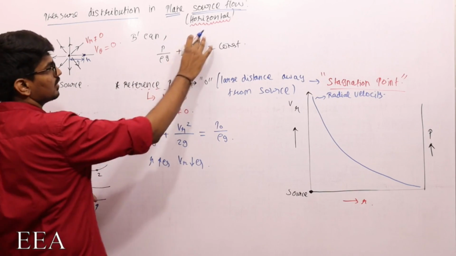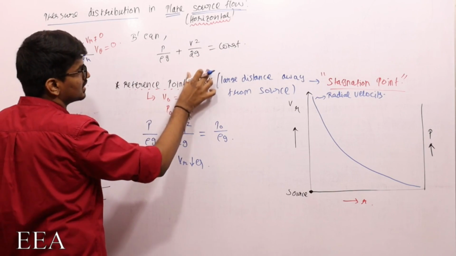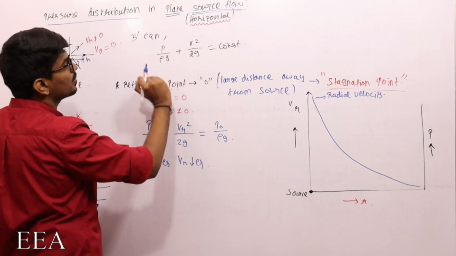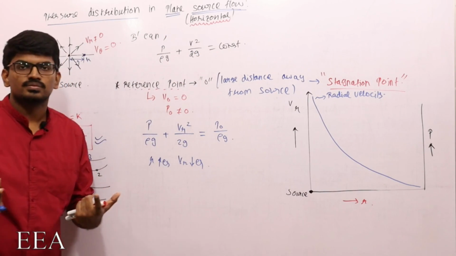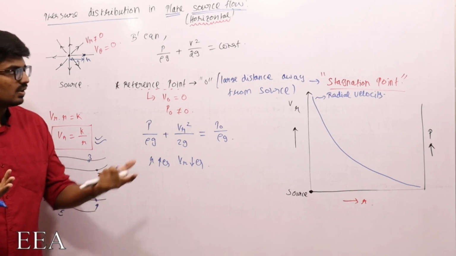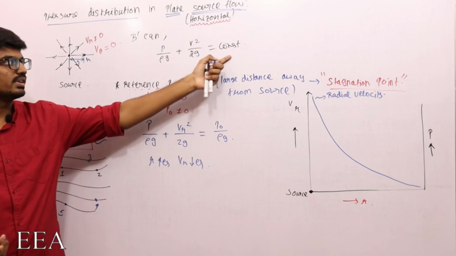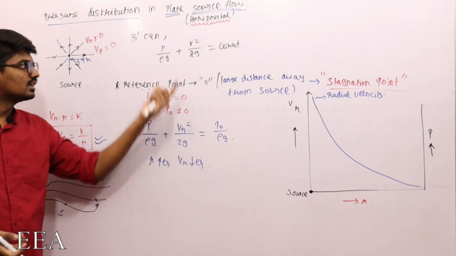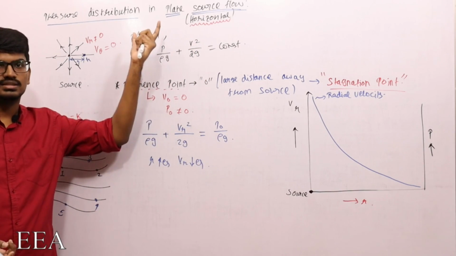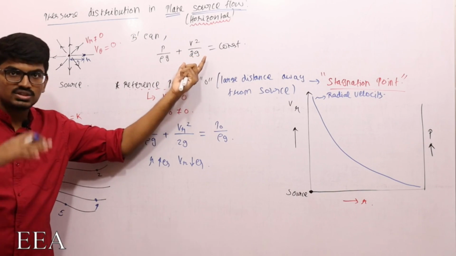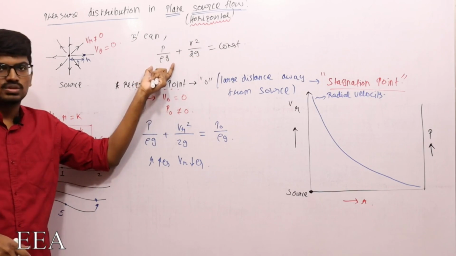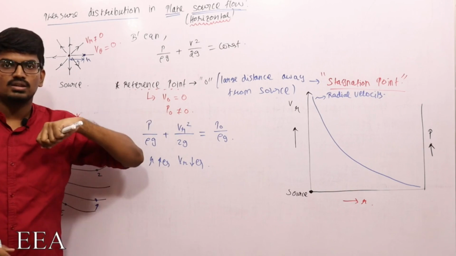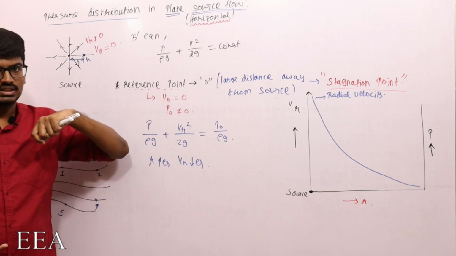Simply, if this component decreases, then this component should increase, obviously, because the summation should be constant, right? The sum of this and this should be constant. So if VR decreases, then P should increase. If VR square by 2G decreases, then P by rho G should increase, then only the sum will remain constant. Obviously, that is a fact here.